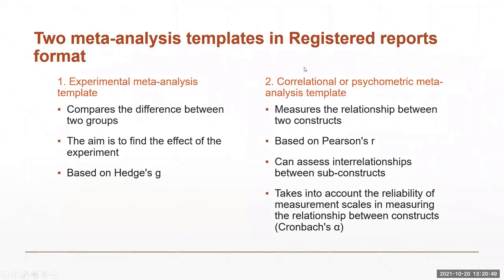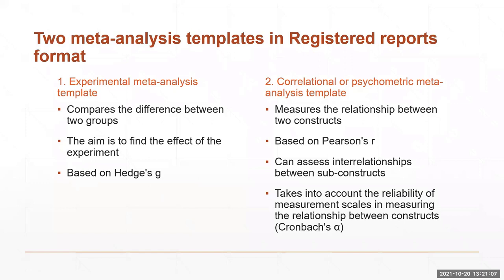And about the correlational or psychometric meta-analysis template, it measures the relationship between two constructs, and it's based on Pearson's r. I assume that you know what a Pearson's r is. It's for correlations. What is interesting with this template is that it can assess interrelationships between subconstructs.